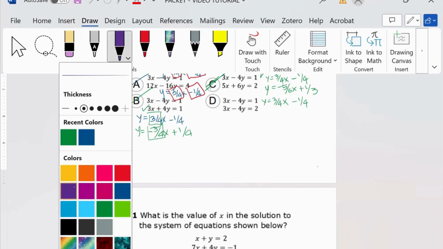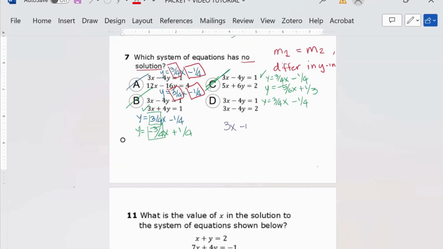Purple. So 3x minus 4y equals 2. All right. Equal sign, parentheses, minus. Copy this 3x, close parentheses, divide by negative 4. That's my slope.